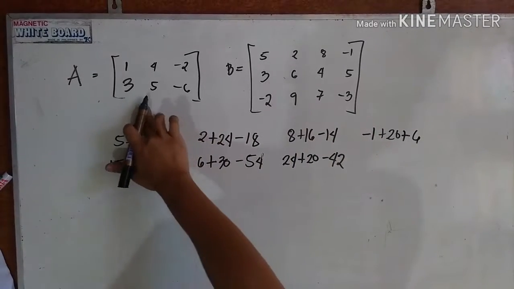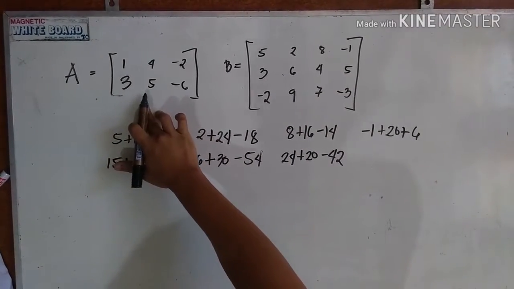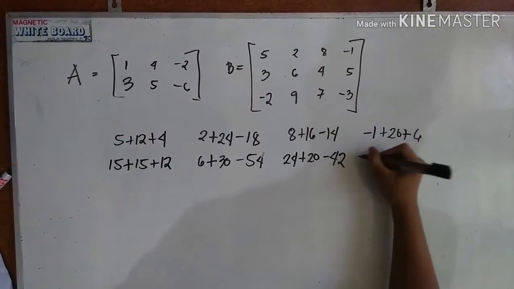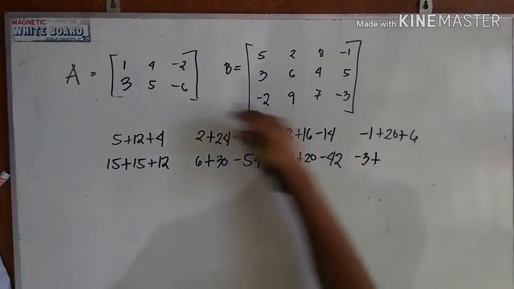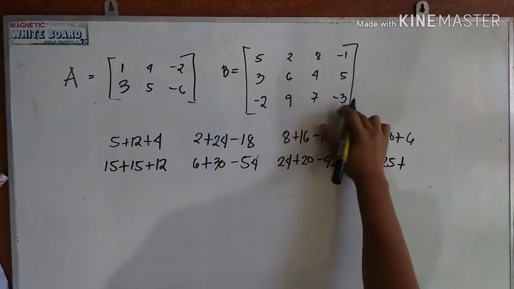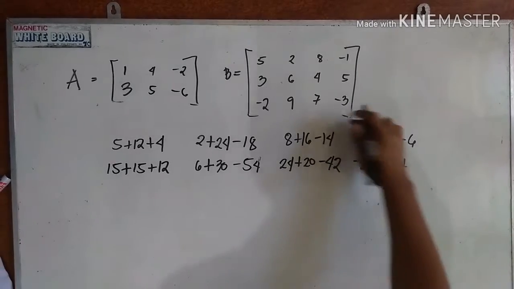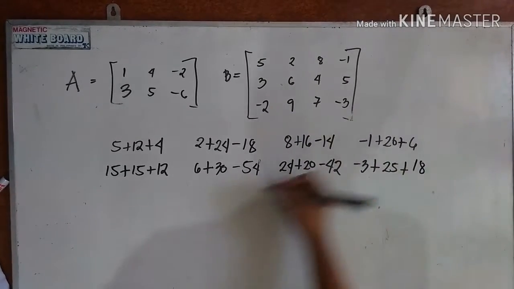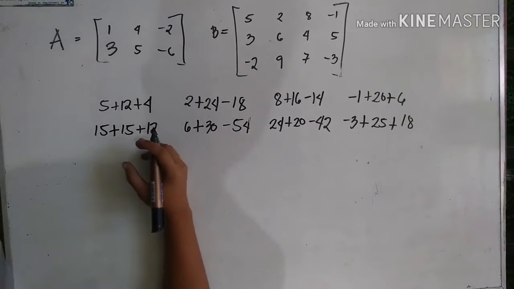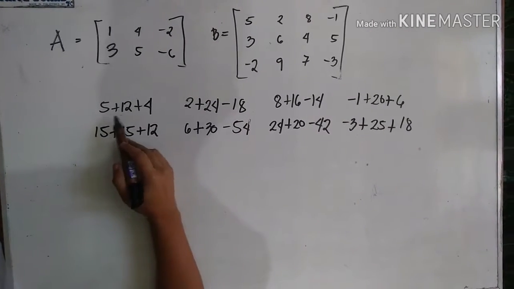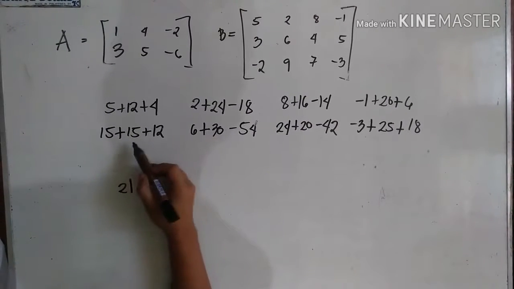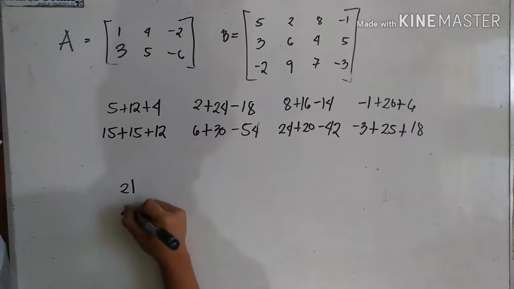And now let's go ahead to our last one, which is 3 times negative 1, which is negative 3, plus 5 times 5, 25, plus negative 6 times negative 3 is equal to 18. So we will get an answer of, we can understand that 5 plus 12 plus 4 is equal to 21, and 15 plus 15 plus 12 is equal to 42.